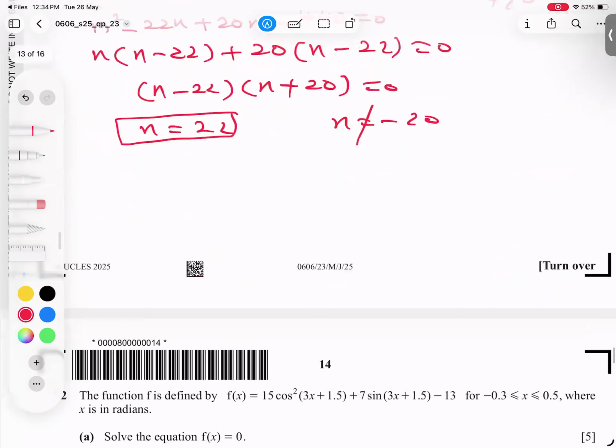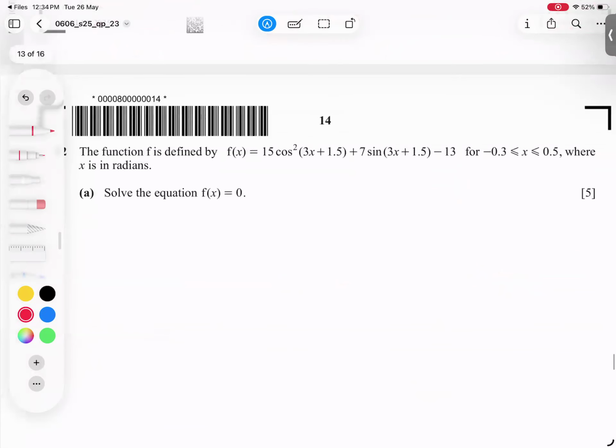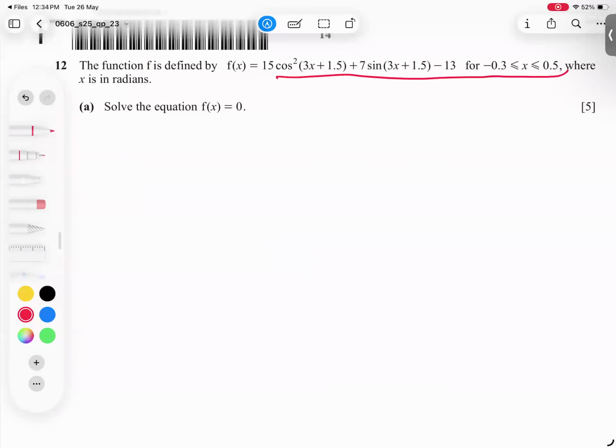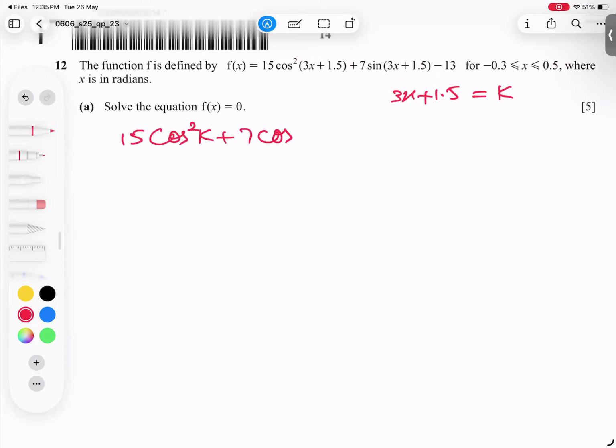Question number 12. He said that the function is this, and we have to find x in radians. Solve this one: put the function equal to 0 and try to solve it. But the problem is sine and cos. First of all, the angle is creating a problem, so I just take it as k. So this equation turns into 15 cos square k plus 7 cos k minus 13 equal to 0.